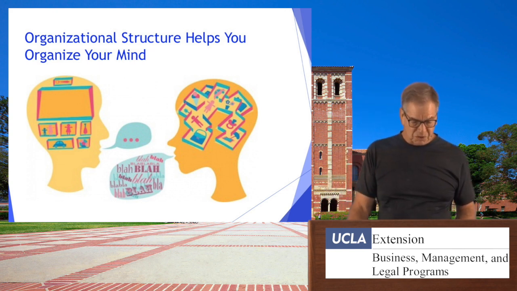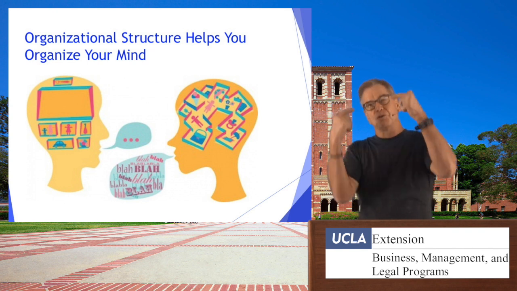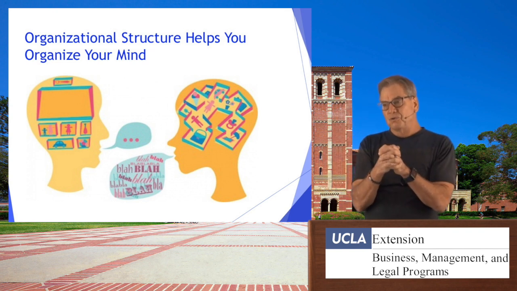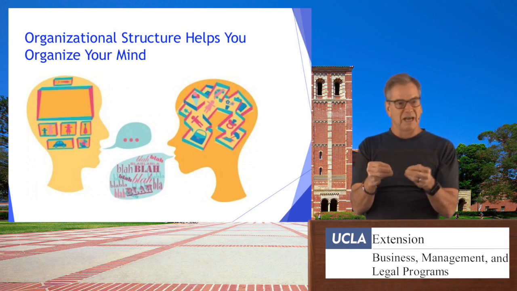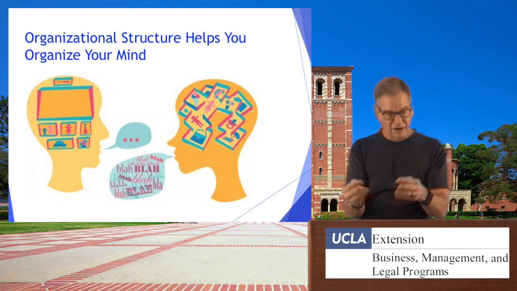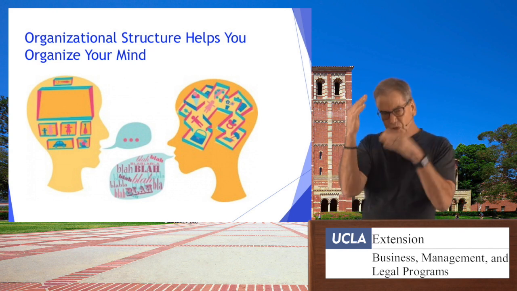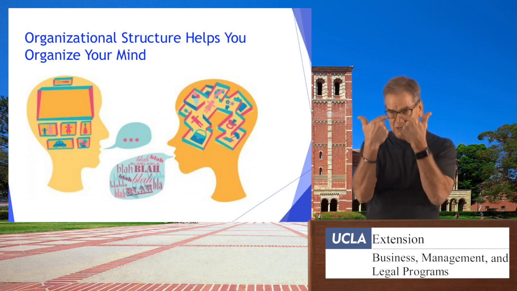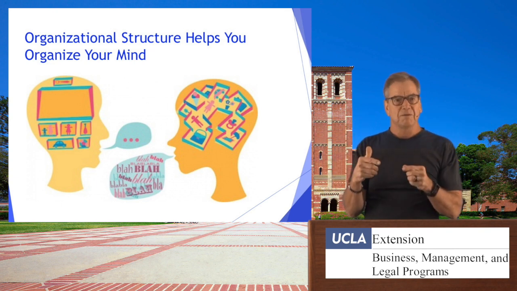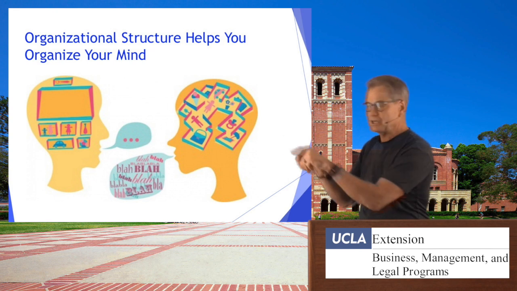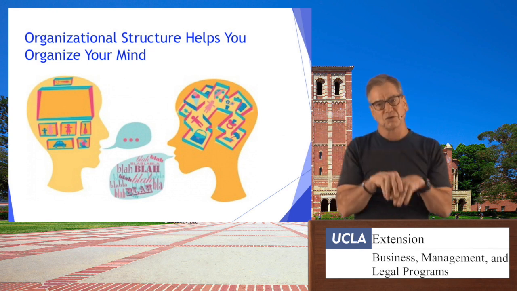An organizational structure helps you organize your mind. If you have these divisions of labor like organs, these are the mindsets that you have to have to get the work done, and you want to hire people who also have those kinds of mindsets. So when information comes in through these eyes and these ears, you have a structure in the back of your mind: this gets filed here, and this gets filed over here.